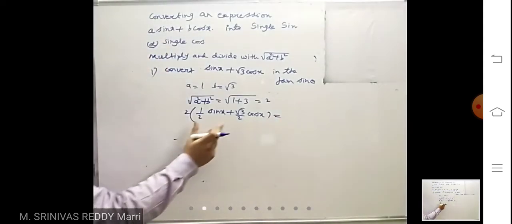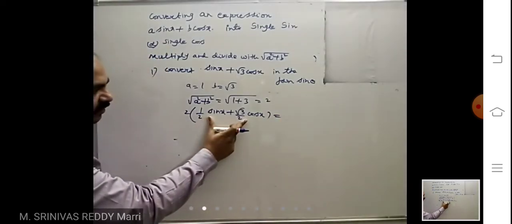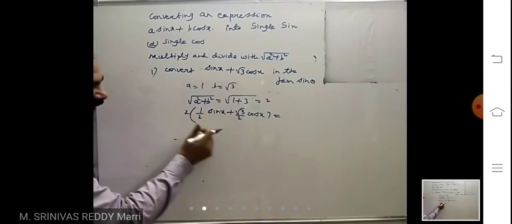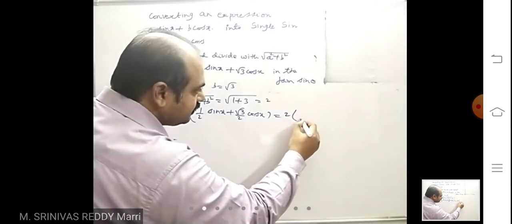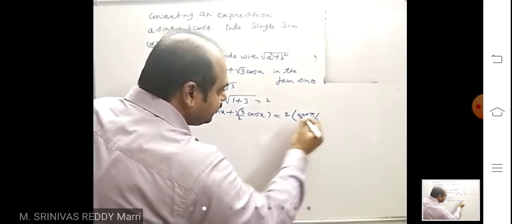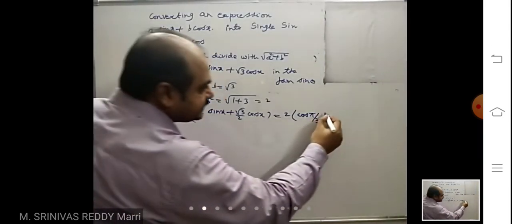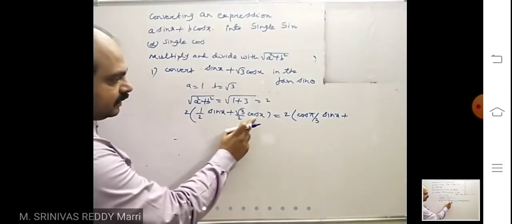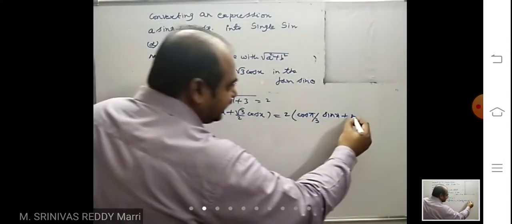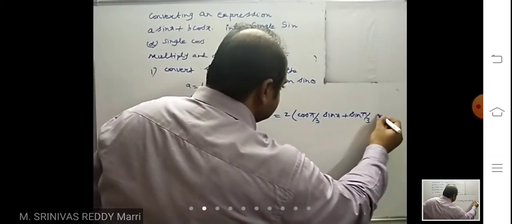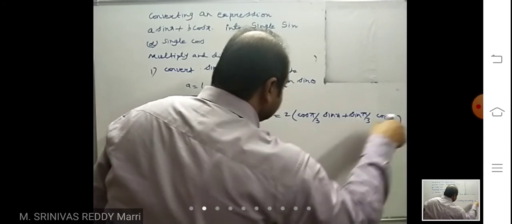Now if you want to write this in the form sine, you have to write in the form sine of A plus B. Look, here sine is there, here sine is there. This angle you write in cos. So cos, what is that? Pi by 3. Cos pi by 3 sin x plus sin pi by 3 cos x. You know the angle now.